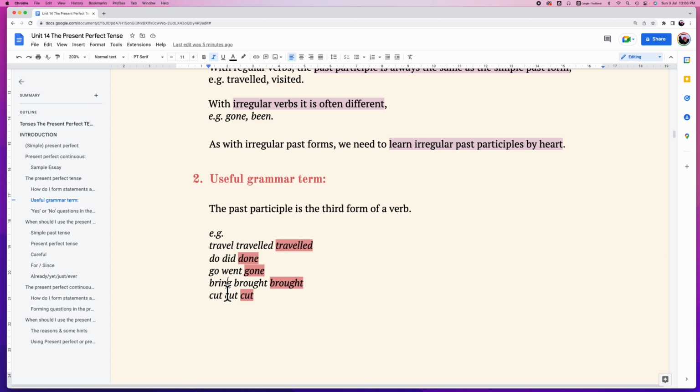For some verbs, the past tense and past participle will be the same even though it is irregular, not ended with ed. For example, bring, brought, and brought. And for some verbs, the original form, the past tense form, as well as the past participle will be the same. Cut, cut, cut. Put, put, put.